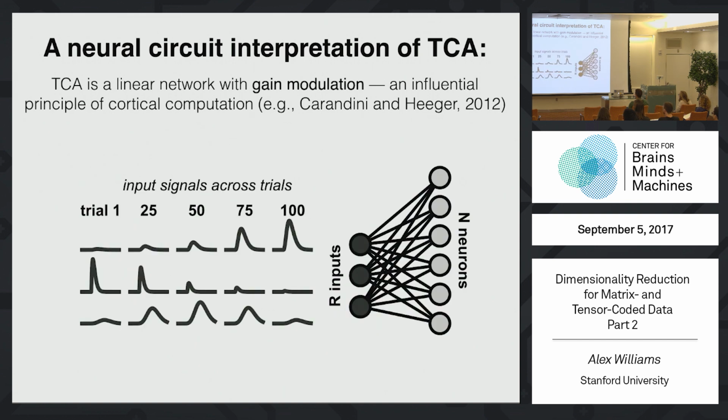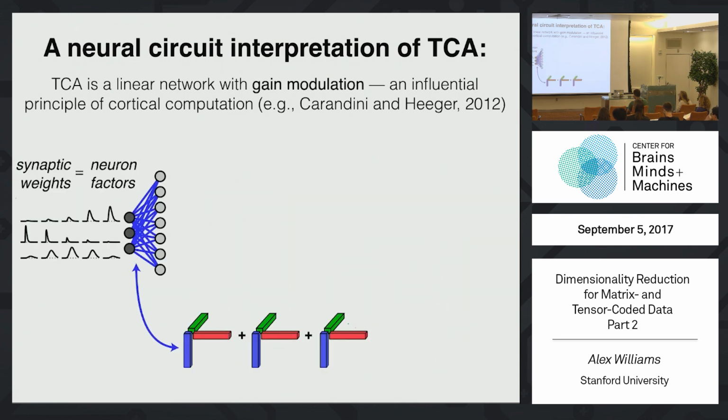Okay, so this network model is equivalent to the tensor decomposition mathematical model that I just showed you. Specifically, the neuron factors in this tensor decomposition map onto the synaptic connectivity matrix. So here there's 3 latent inputs and n dimensions. Each one of these is an n-dimensional vector, and there's 3 of them.